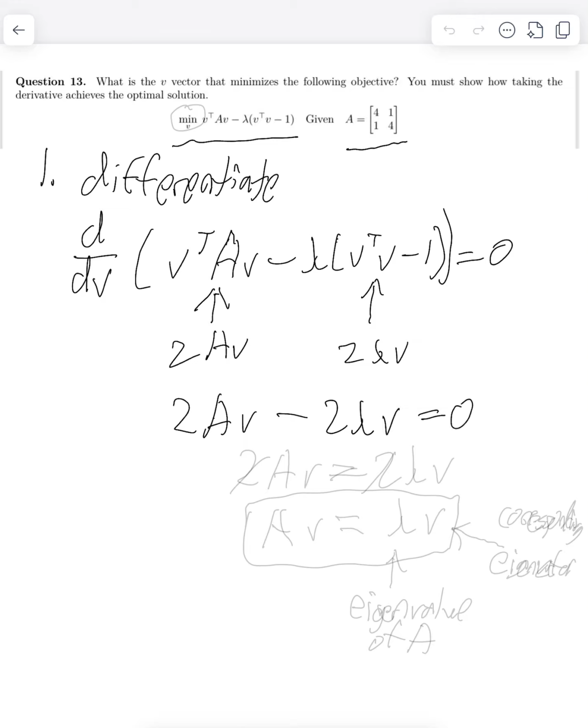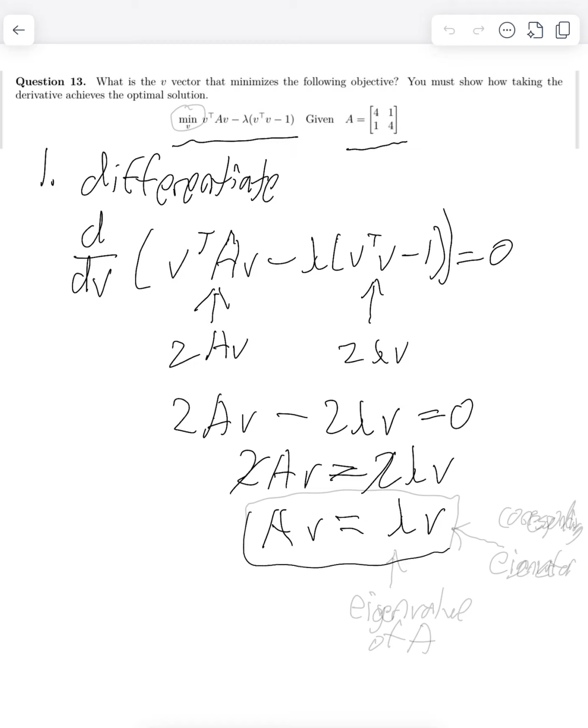So that would just be 2Av equals 2 lambda v. Divide both by 2, so you can just cancel these two. So Av is equal to lambda v.